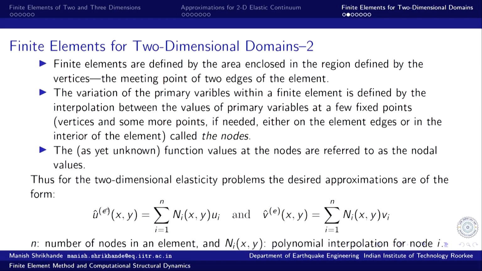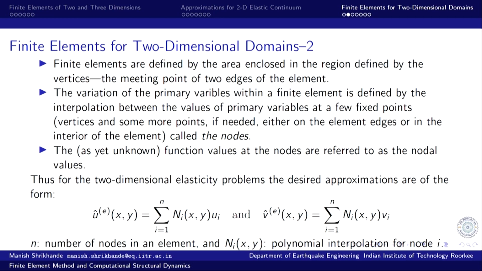That is achieved by the interpolation model. So, u hat, the approximation of u within the element E as a function of x y, is given by an interpolation formula: N I as a function of x y. This is the interpolation function, or shape function, for node I, multiplied by the value of the primary variable being interpolated, u at node I. This summation adds up the contributions from all the nodes of the element.